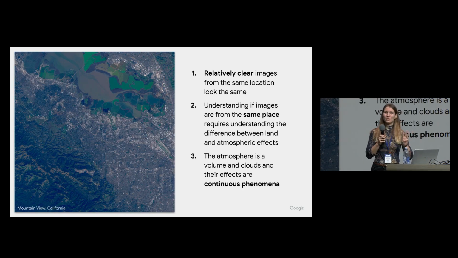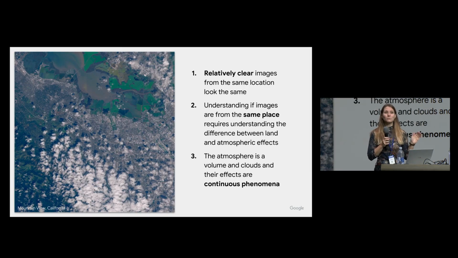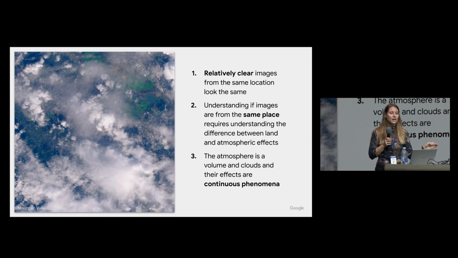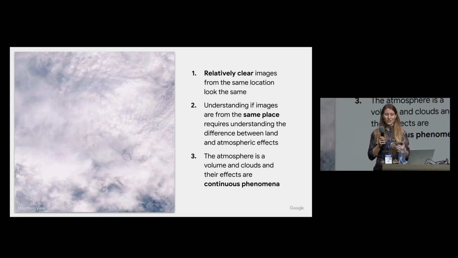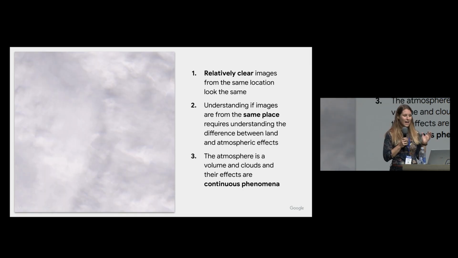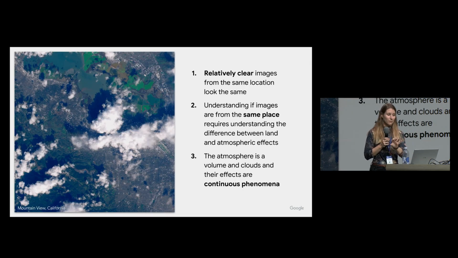But we have these kind of three tenets that underlie the CloudScore Plus approach in general. And that's when we have a relatively clear image of the same location, they look very much the same. There's a lot of similarities in the spatial features, in the colors, and we can tell that those relatively clear things came from the same place.